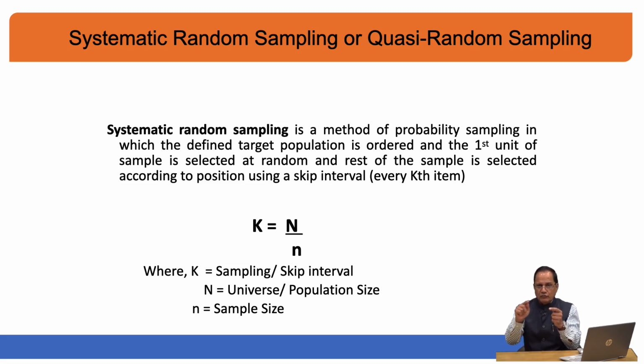The next student will be the student bearing the number 57, then 107, then 157, then 207, and in this way lastly up to 2900 and 957 will be the last.